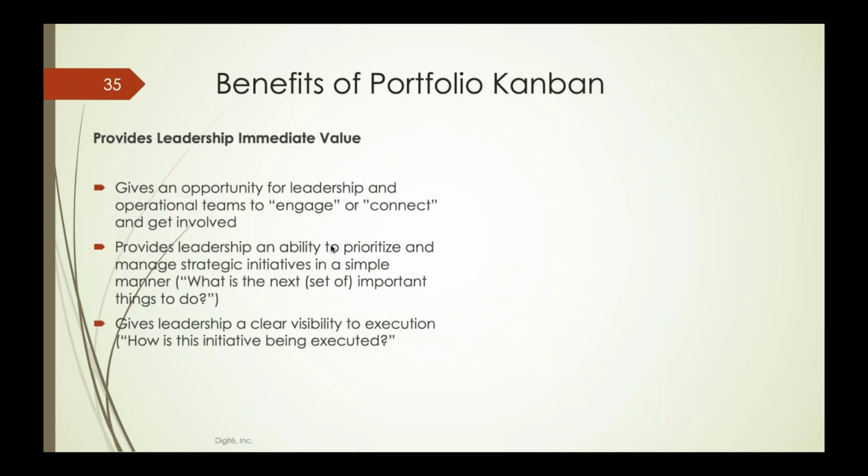So at an overall level, if you look at the benefits of Portfolio Kanban, firstly, at a leadership level, it provides immediate value because it gives them an opportunity to engage with the operations teams.